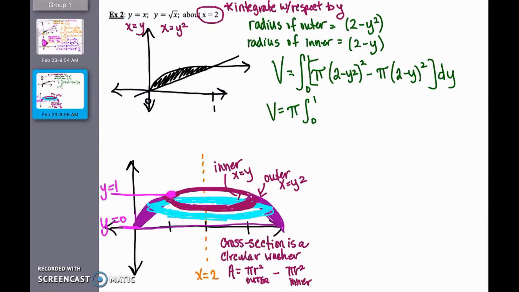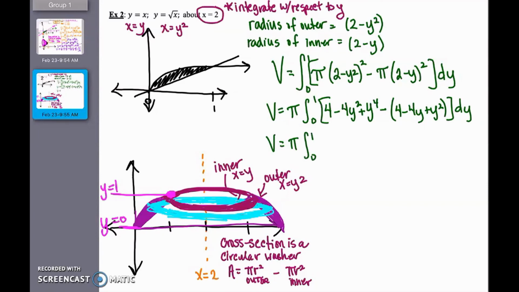When I FOIL out the first binomial, I end up with 4 minus 4y squared plus y to the fourth, minus, and when I FOIL out the second binomial, I get 4 minus 4y plus y squared, dy. Next step will be to distribute the negative, and then we'll combine like terms.